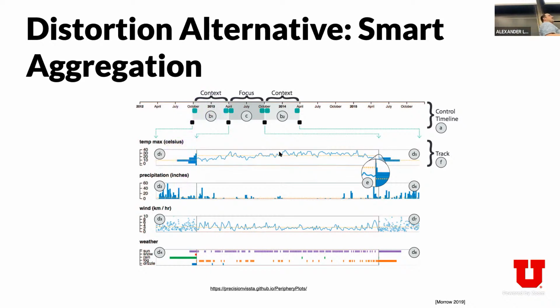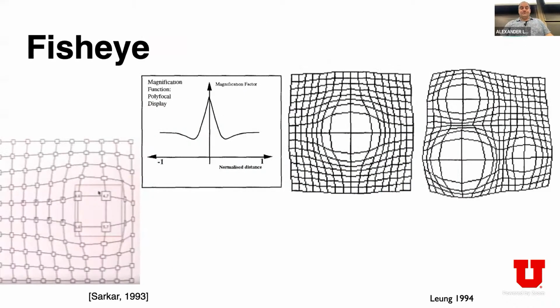Histograms give us an idea of the distribution of the data. So instead of showing some very squishy lines, they tell us, okay, it looks like most of the data in this context region tends to peak around this bar here, and there isn't any big outlier. That's something we can immediately read from this chart. This paper won an award a couple of years ago for this idea of providing smart aggregation instead of geometric distortion.